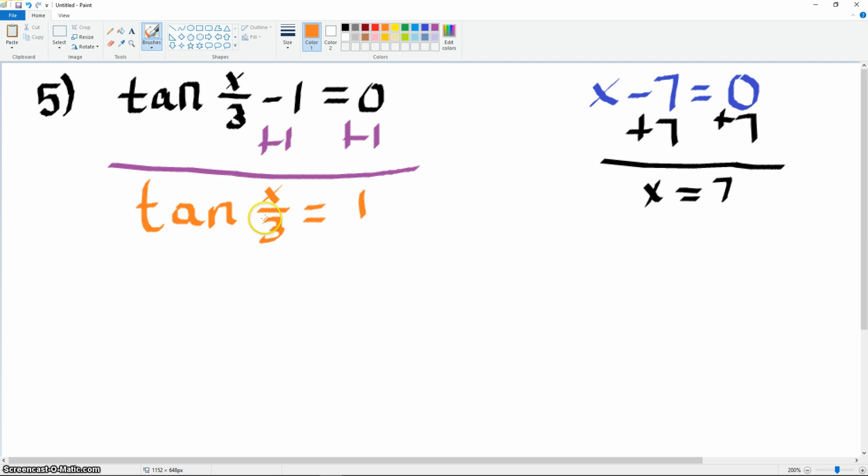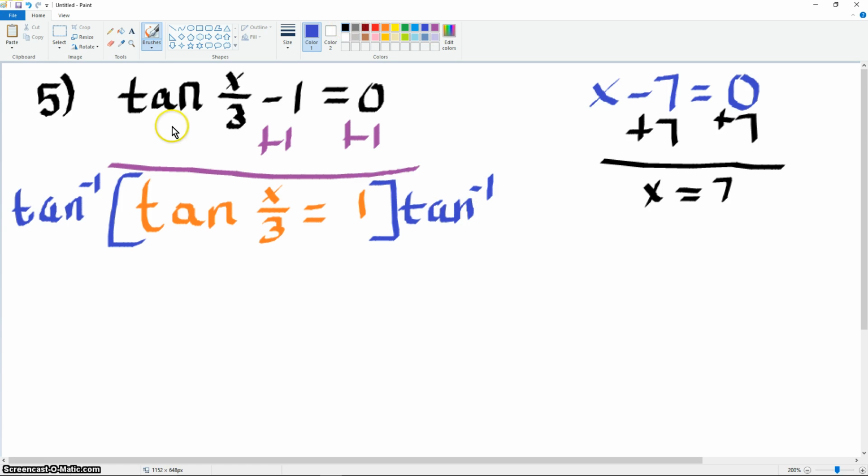We're just used to having x. So what we're going to need to do is continue. How do you get rid of this tangent? You get rid of the tangent by saying inverse tan. So we're going to inverse both sides. And whatever you do to one side, you must do to the other. So we're going to say inverse tangent.